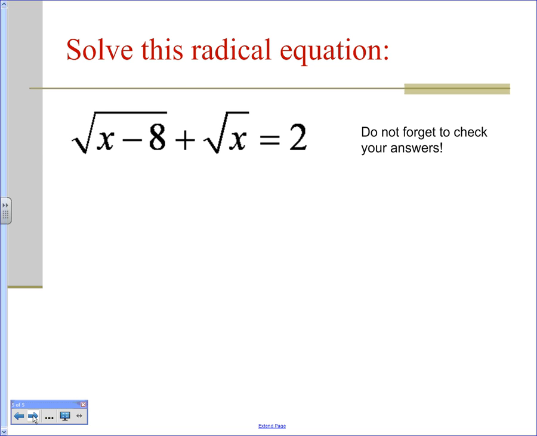It's just x. It's like the square root of 2 times square root of 2. Square root of x squared is just x.